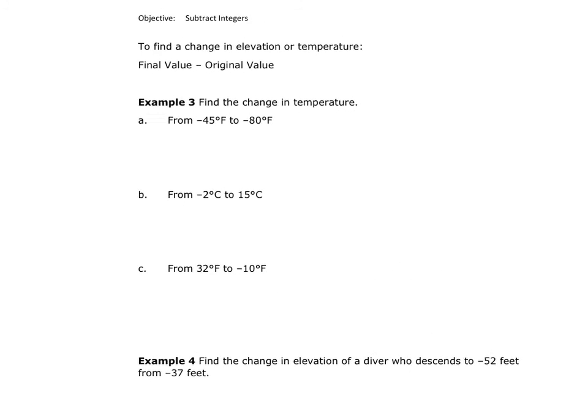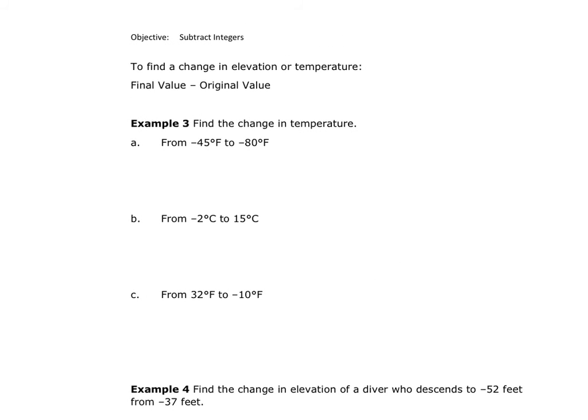Where you can use subtracting integers is to find a change in elevation or a change in temperature. To find a change in elevation or temperature, I'm going to take the final value minus the original value. So in letter A, it says find the change in temperature from negative 45 to negative 80. So this is the original, and this is the final.